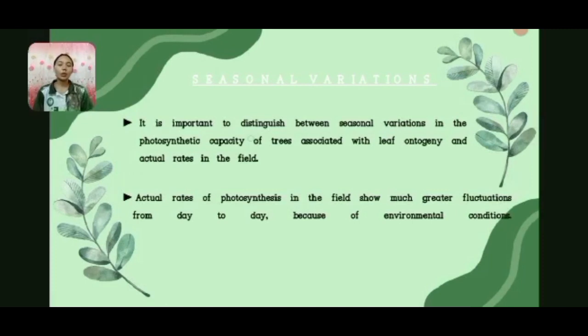So in addition, the photosynthetic rates of plants change seasonally and diurnally in response to climate conditions. So nakadepende ra gyud ni siya sa climate na maabot sa ato. So that would be all. Thank you.